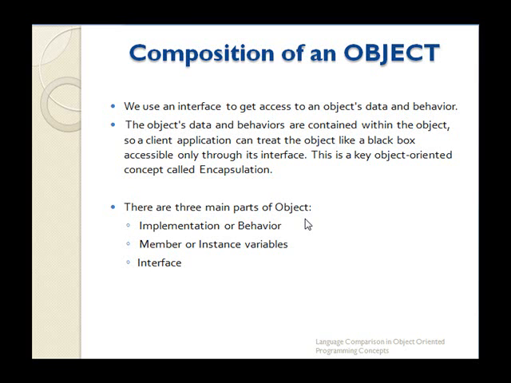The idea is that any program that makes use of this object won't have direct access to the behaviors or data, but rather those programs must make use of the object's interface. There are three main parts of objects: implementation or behavior, member or instance variables, and interface.